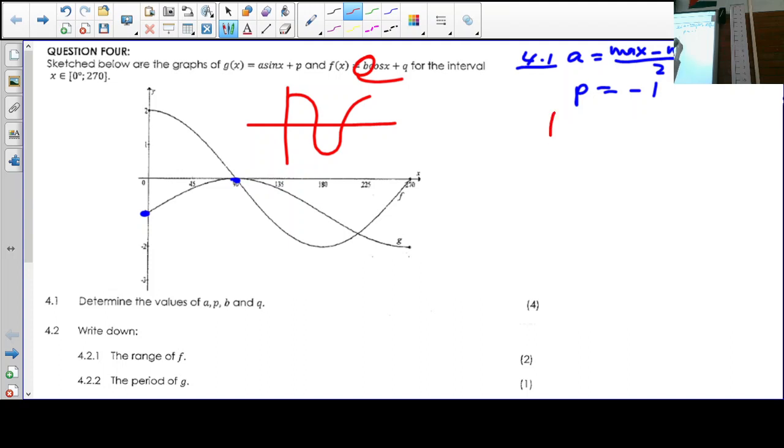So how do I calculate B? It's going to be again your maximum, which is 2, minus your minimum. What's your minimum value on your cos graph? Yes, well done to all of you. -2. So you're going to get 4 over 2, which is 2. Your B value is 2.